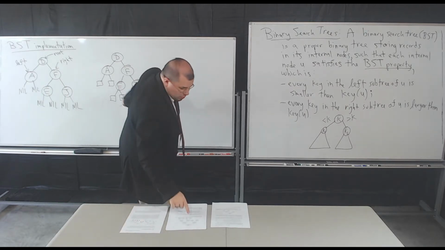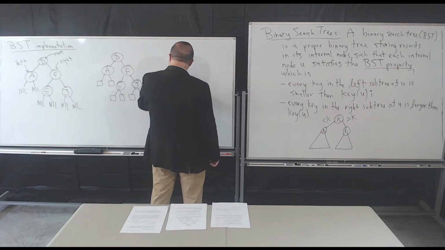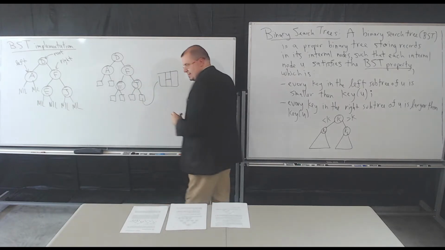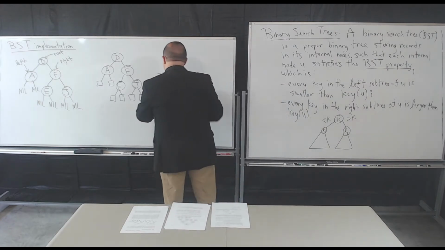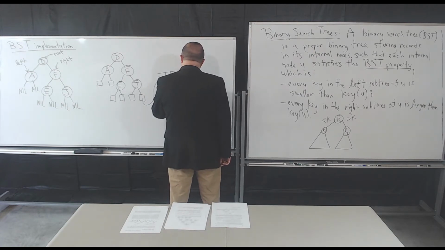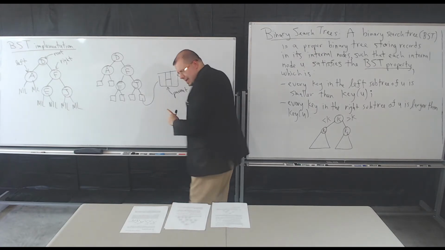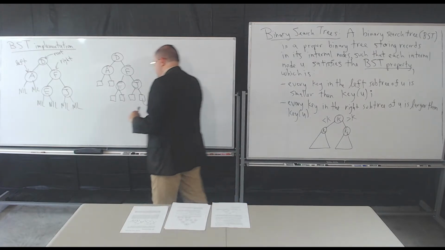If I were to blow up one of these guys here, it should look like this. Actually, I believe I have the parent reference on top. Yes, I do. Let's switch this around.